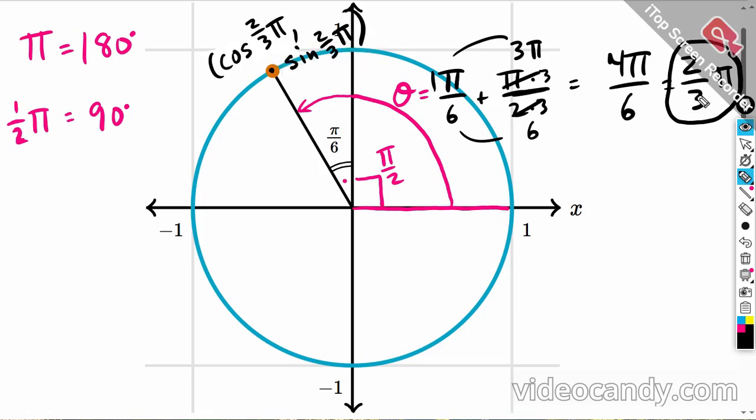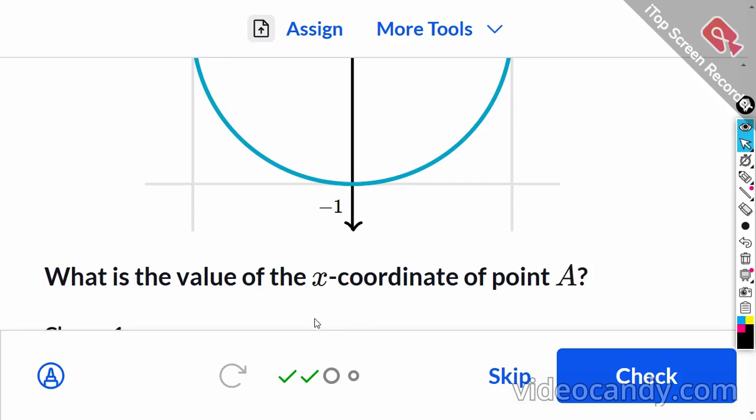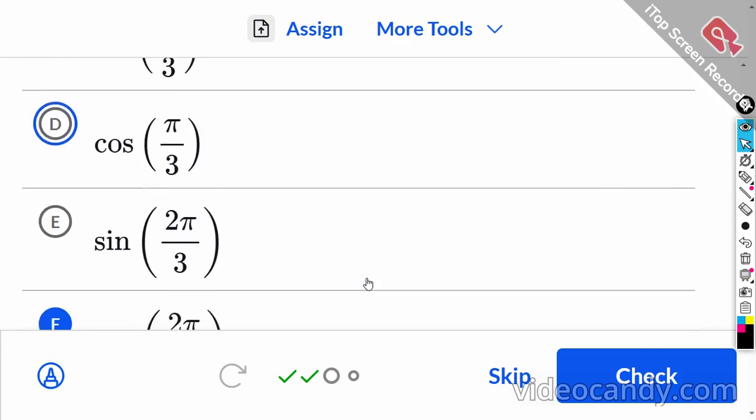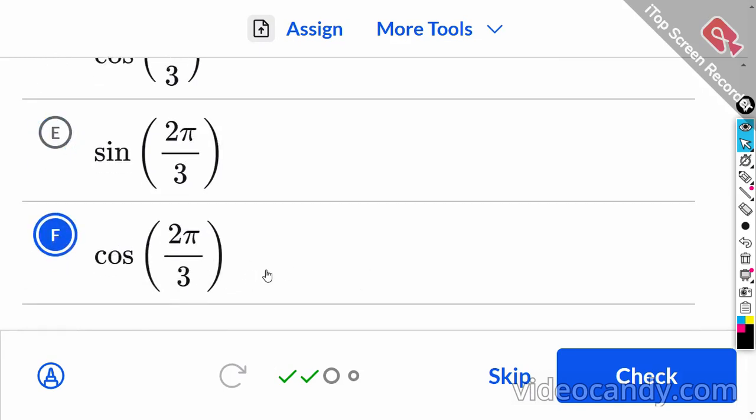Theta is 2/3 pi, cosine is the x, sine is the y. So for the x-coordinate of point A, we're looking for cosine of 2/3 pi, or 2 pi over 3. Same thing.